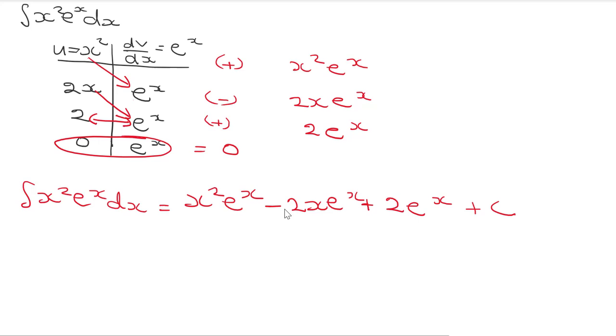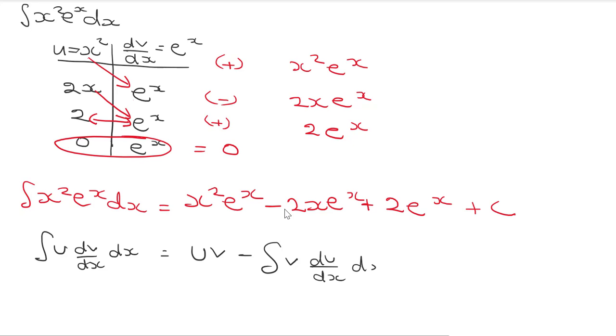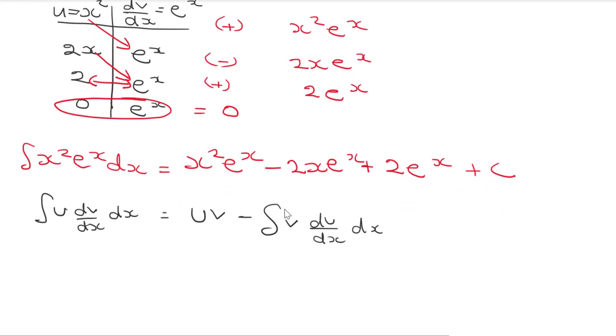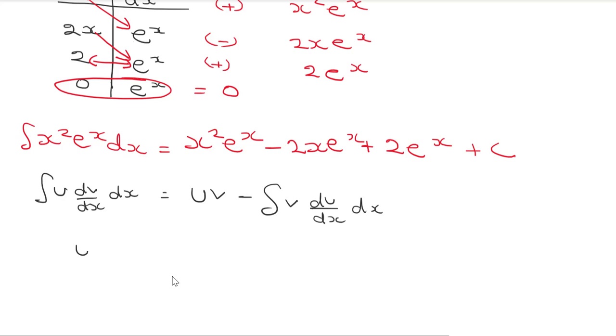Now recall that the integral of u dv by dx is equal to uv minus the integral of v du by dx. I am going to let u be equal to x squared and dv by dx equal to e raised to the x.